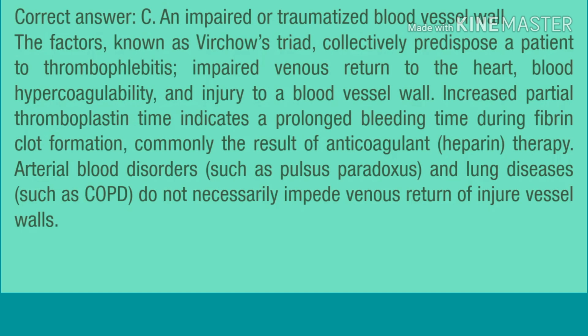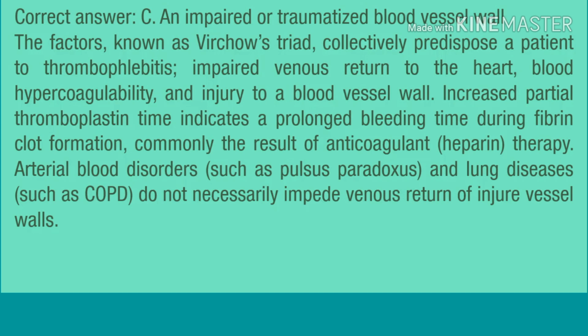Correct answer, C. An impaired or traumatized blood vessel wall. The factors, known as Virchow's triad, collectively predispose a patient to thrombophlebitis: impaired venous return to the heart, blood hypercoagulability, and injury to a blood vessel wall.